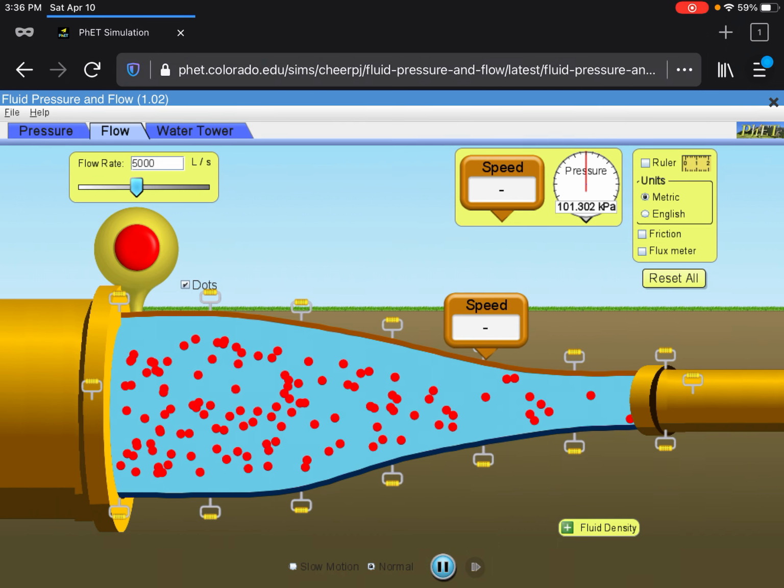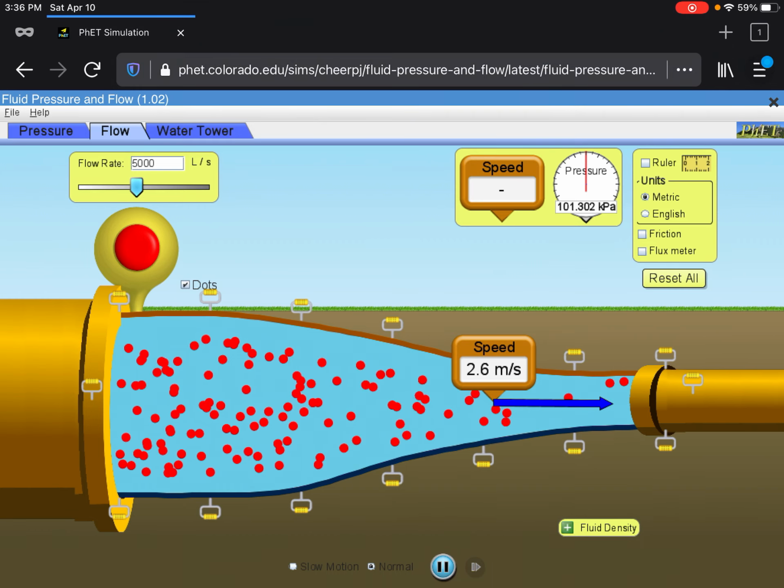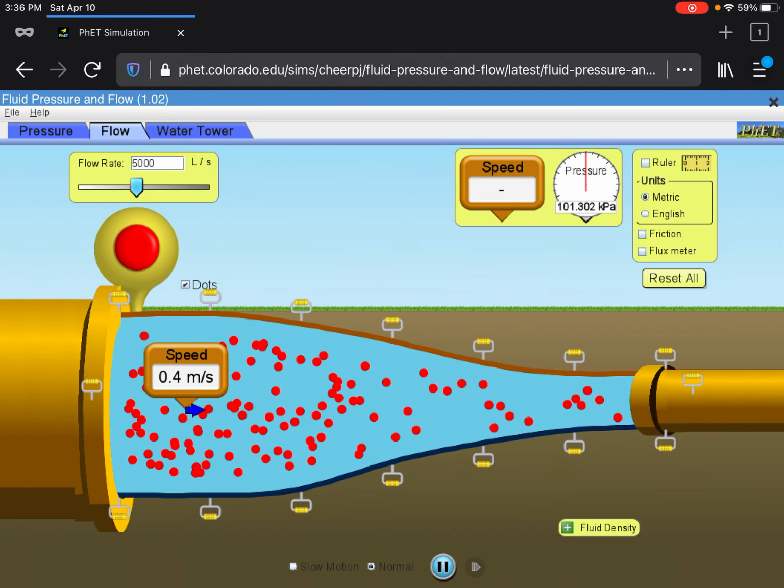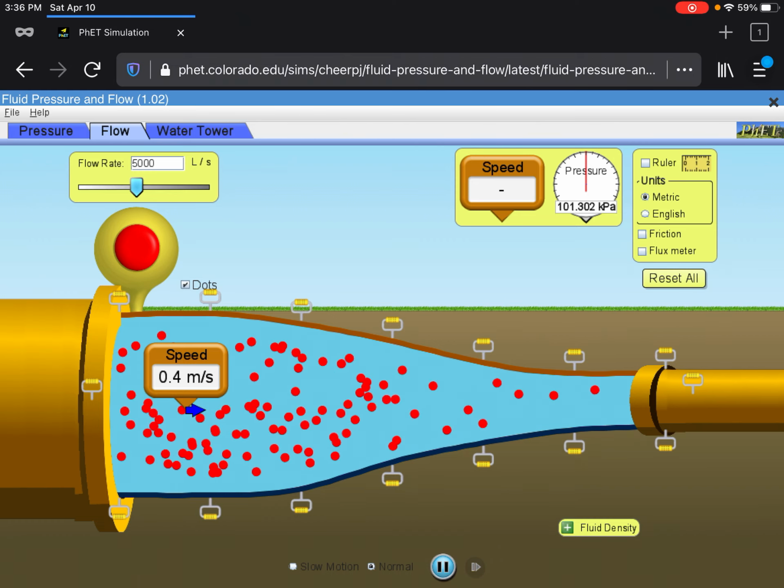So we can see that over here, we might have fast-moving water, and over here, we would have slower moving water.